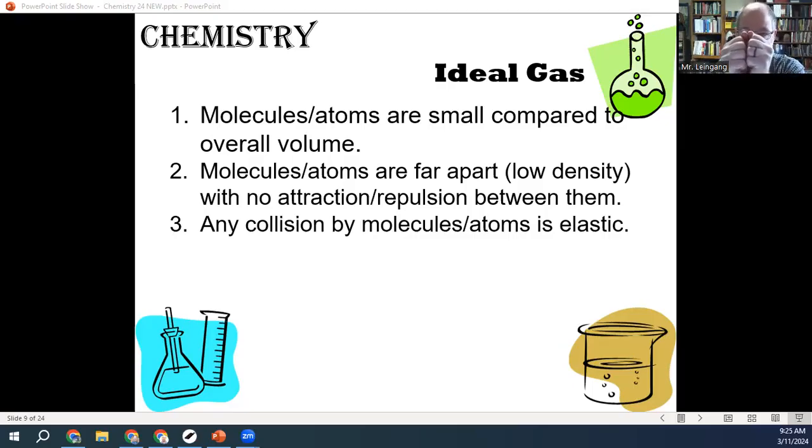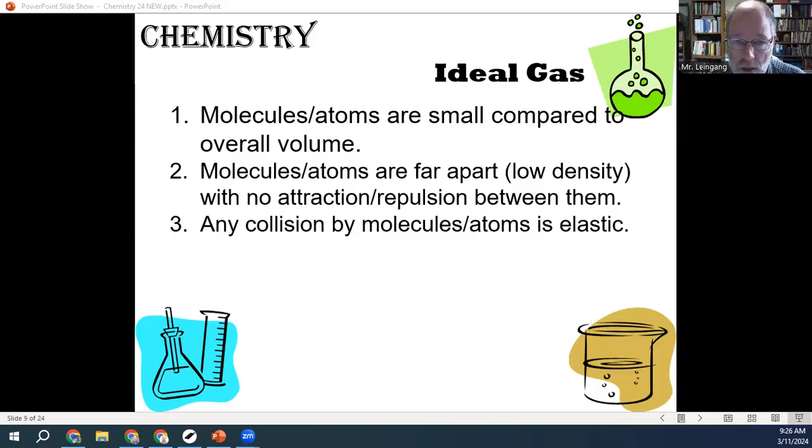A liquid is when the molecules are stuck together, but they have the ability to flow past one another. That's why you can pour a liquid out. A gas is one in which the molecules are constantly moving, but they almost never see one another. They're very far apart. On occasion, though, they will have a random collision where they bump into each other.